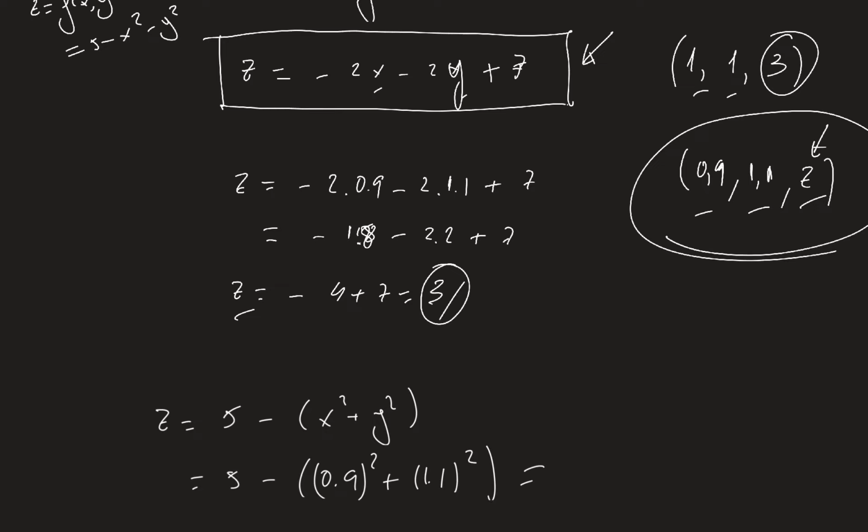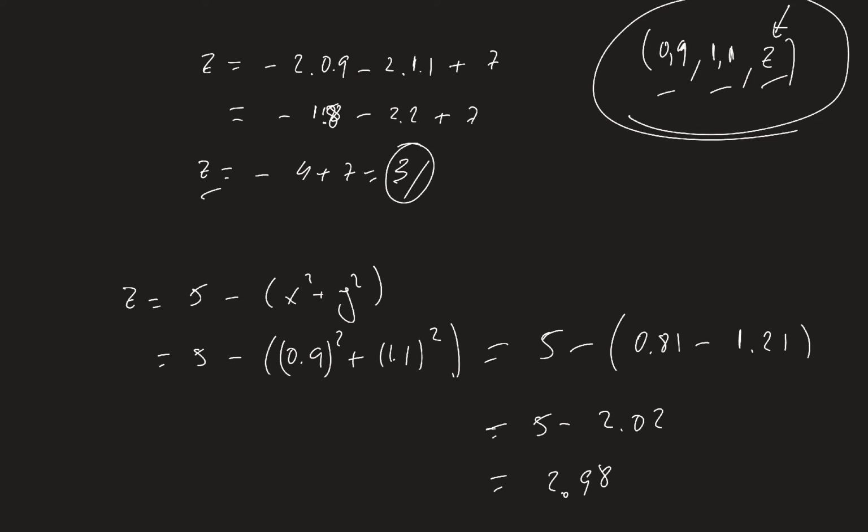Using the calculator, 0.9 squared is 0.81, 1.1 squared is 1.21, and doing the subtraction, the point is 2.98. The point on the surface of the function, when you change from the point 1, 1, 3, the new z is 2.98.